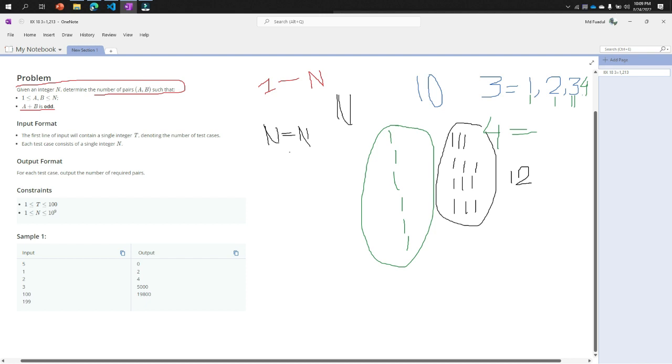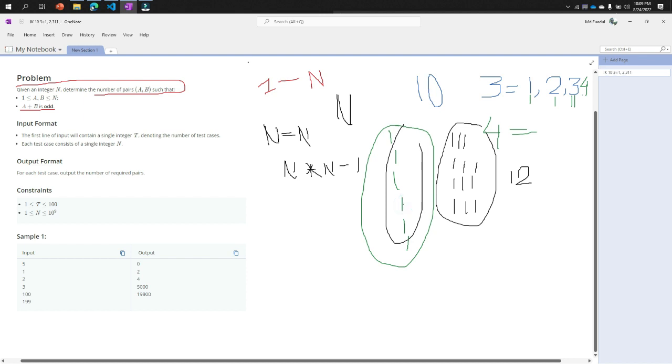So we can build n into n minus 1 pairs. Look, for 3, it is 3 into 3 minus 1, 3 multiplied by 2, so the result is 6 pairs.